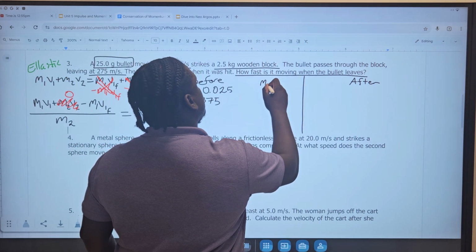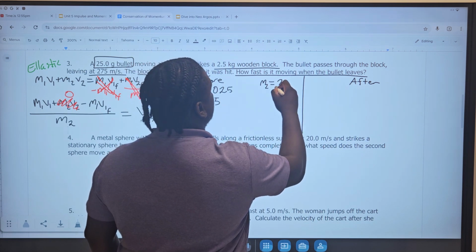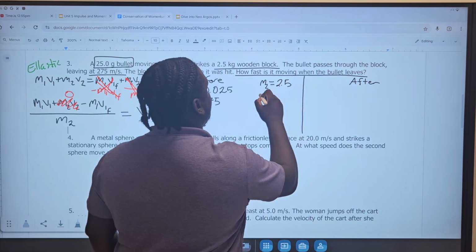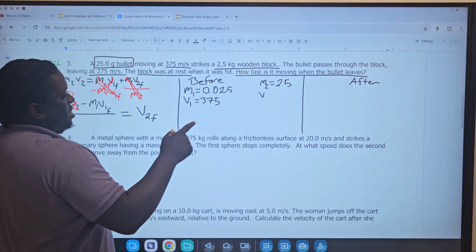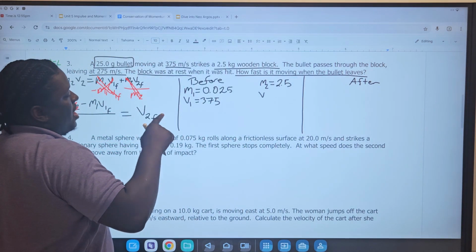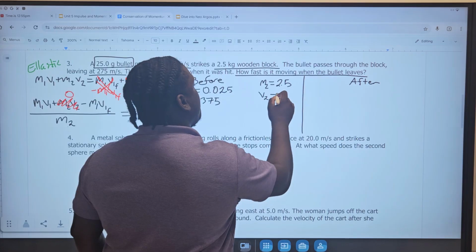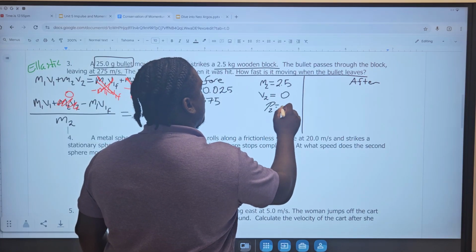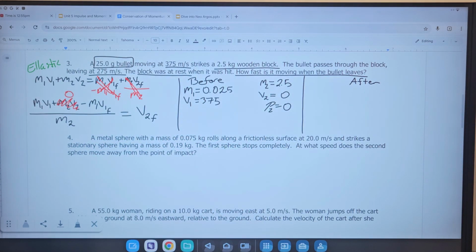Now, M2, we don't really need because the momentum of the block at the start should be 0, because it wasn't moving. All right, so let's find out what's the momentum of our bullet. 0.025 times 375.